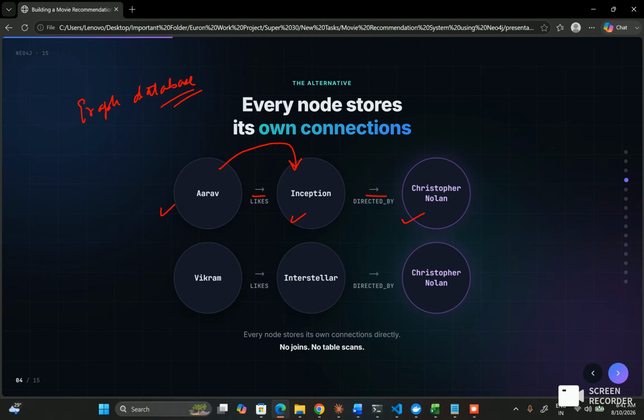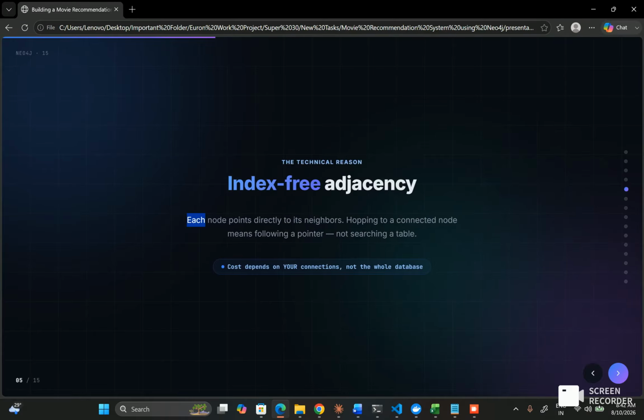Now, this idea of direct pointers instead of table scans actually has a formal name, and it's worth knowing because it's a real technical reason graphs are fast for this kind of problem. The name is index-free adjacency.